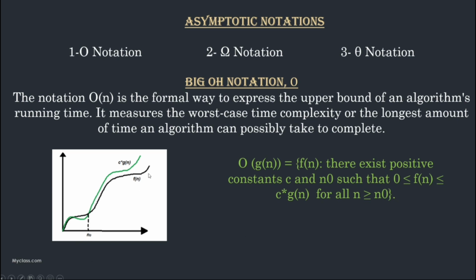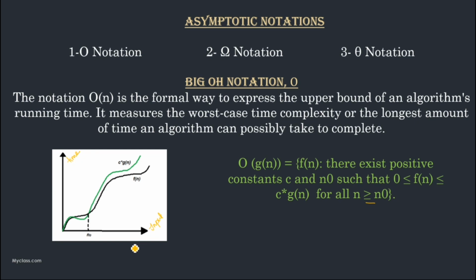Suppose f of n is our function that expresses our time complexity and g of n is another function and c is a constant. So we find a number n0 such that for n greater than or equal to n0, to the right of n0, the value of f of n always falls under c into g of n. This is our input direction and this is the time.